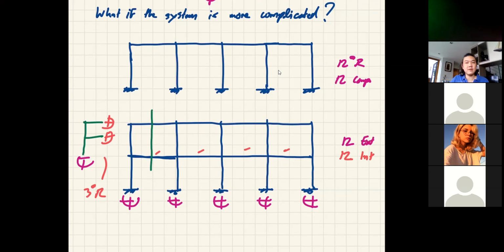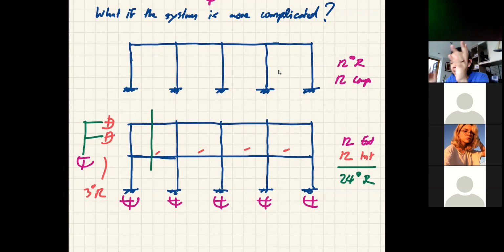So this one, because we add more floor, you should expect to have more unknowns, right? So in the end, we have like 24 degrees of redundancy. So the force method is out of the question. Nobody is going to be crazy enough to do that.